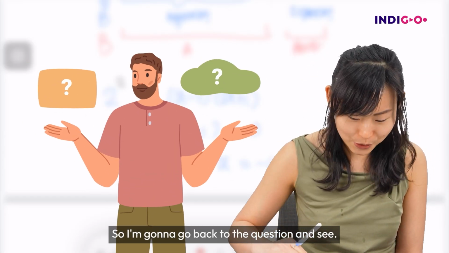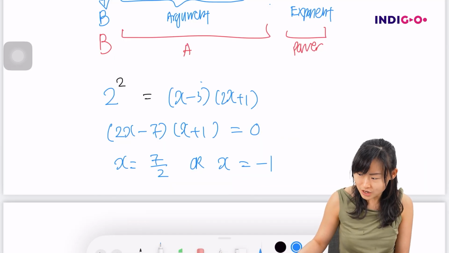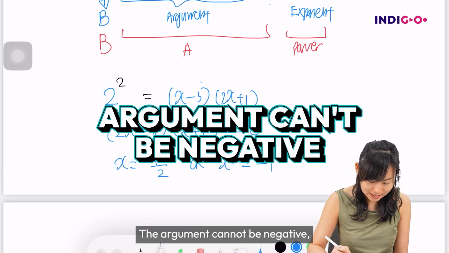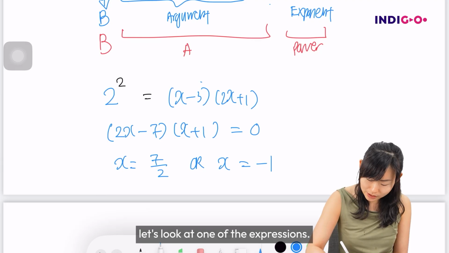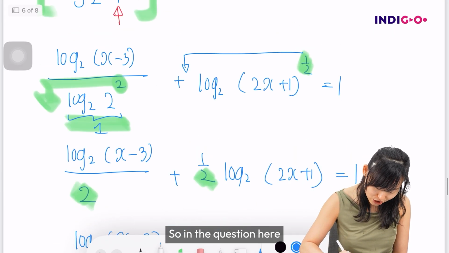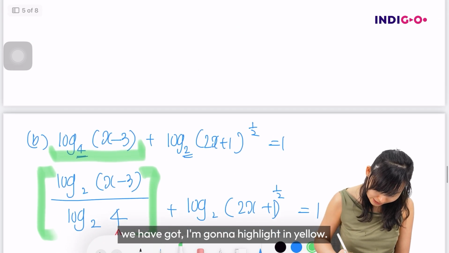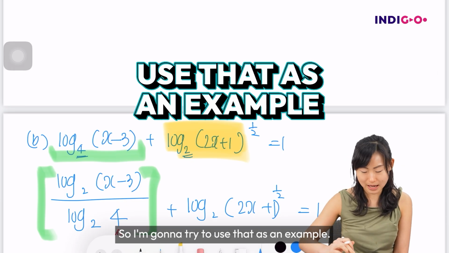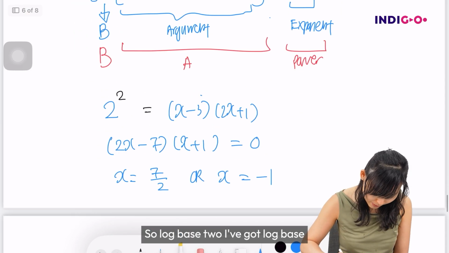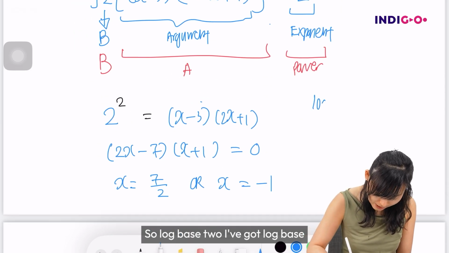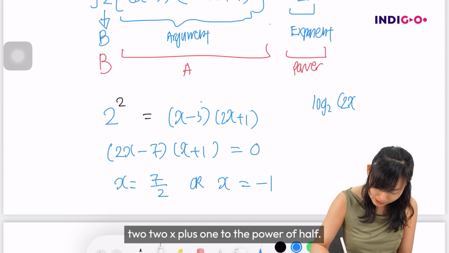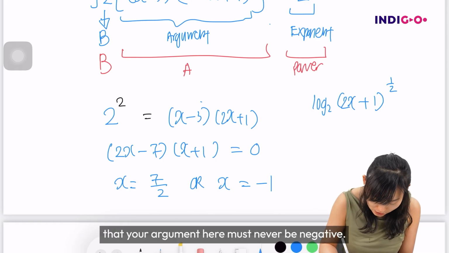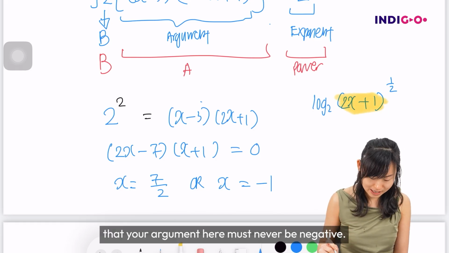I'm going to go back to the question. Remember, for our logarithms, the argument cannot be negative. Let's look at one of the expressions. In the question here, I'm going to highlight in yellow, we have this log base 2 of (2x plus 1) to the power of half. We know by definition that the argument here must never be negative.